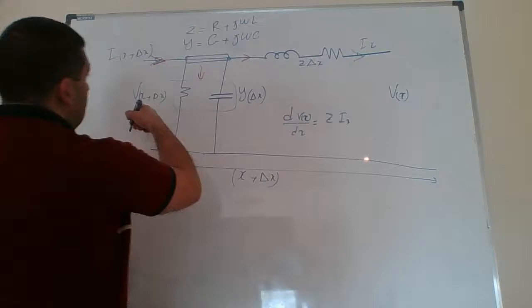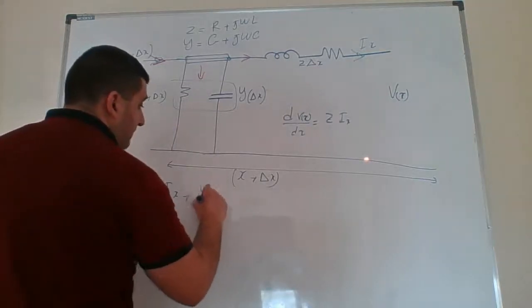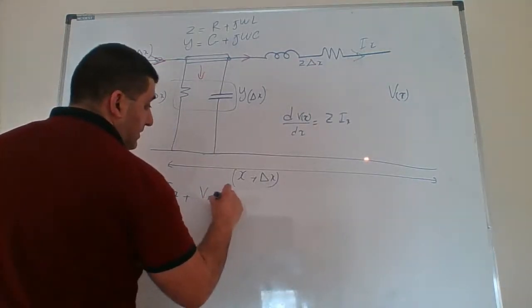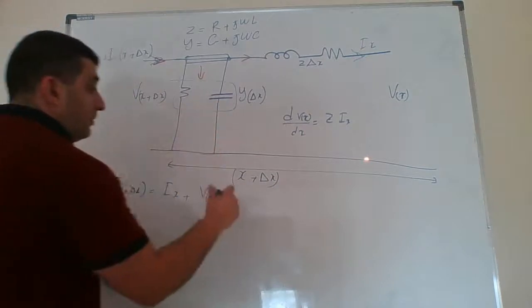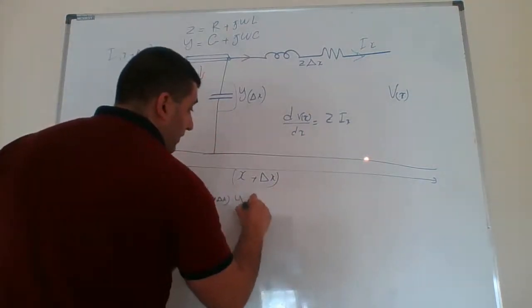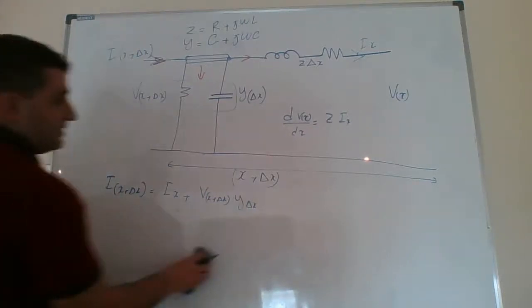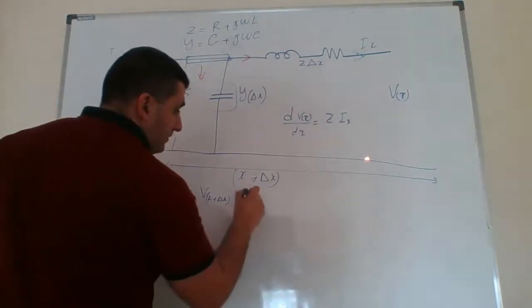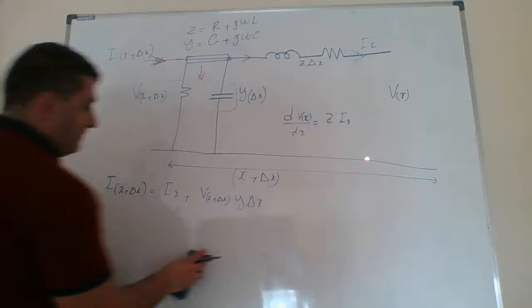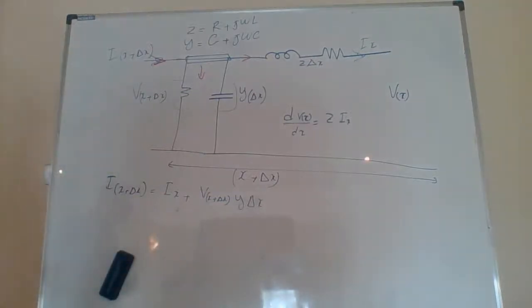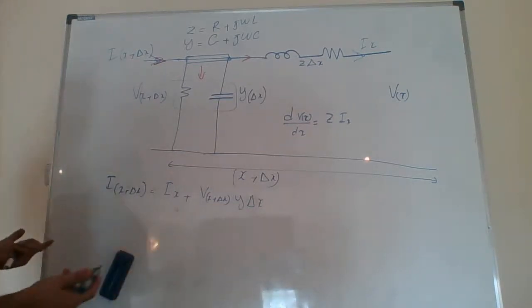It's equal to plus this voltage V x plus delta x multiplied by Y delta x. Perfect. All I do now is I rearrange the system.